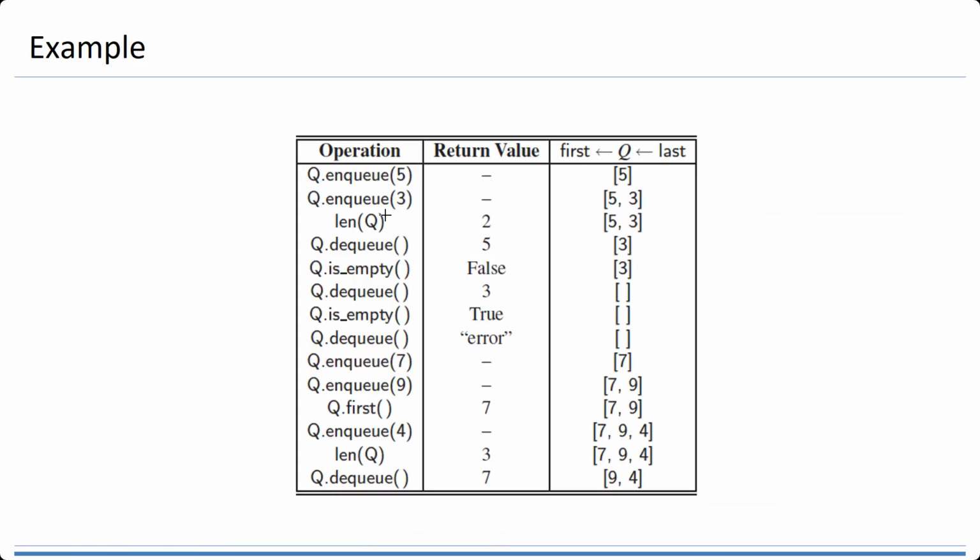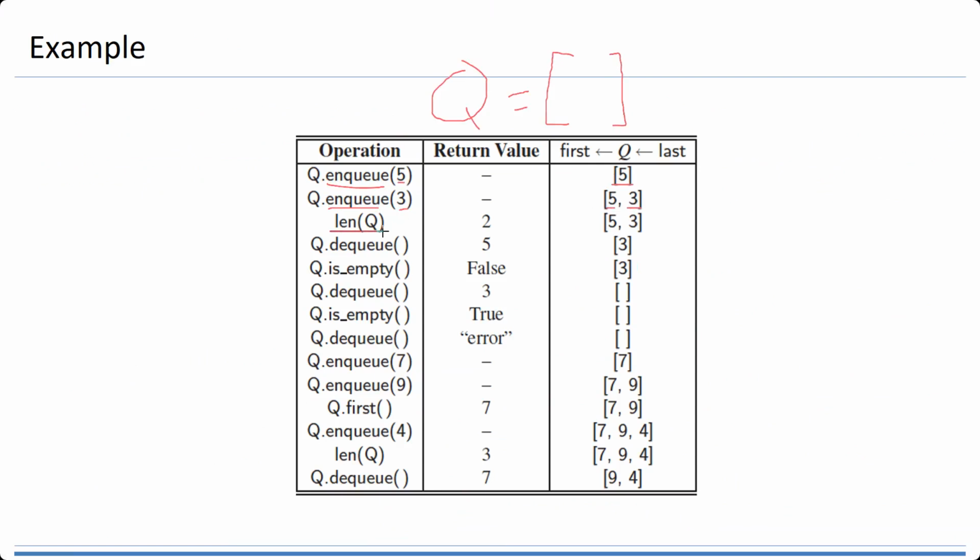Now you can see the queue. Let's suppose we start with an empty queue. Then if we do the enqueue 5, the element will start with 5. When we enqueue 3, then the elements now become 5 and 3.